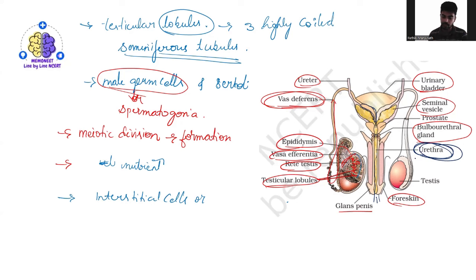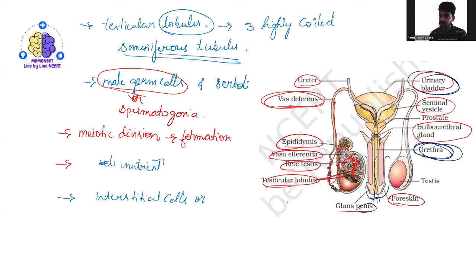Okay, so this is another point. Now what happens? This urethra that I'm talking about, it originates from where? It originates from the urinary bladder and extends till the penis region.